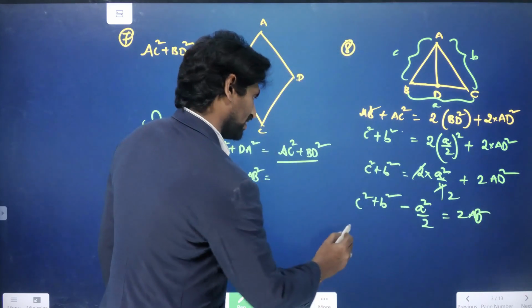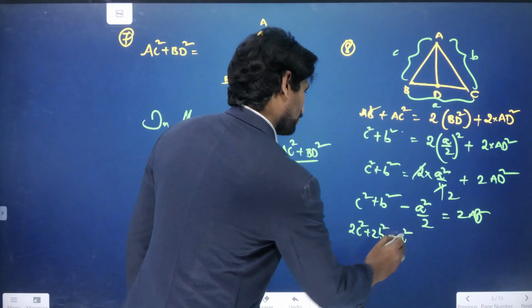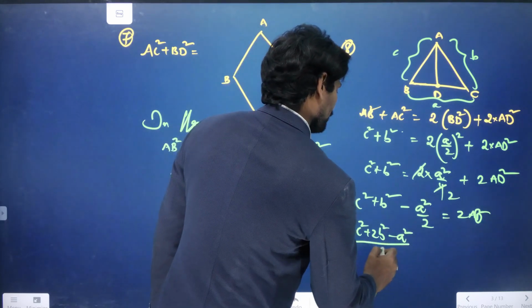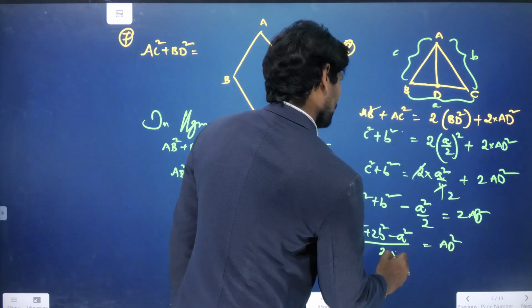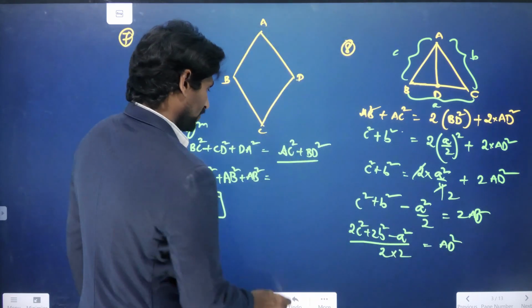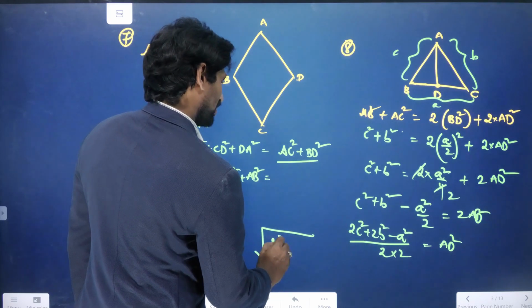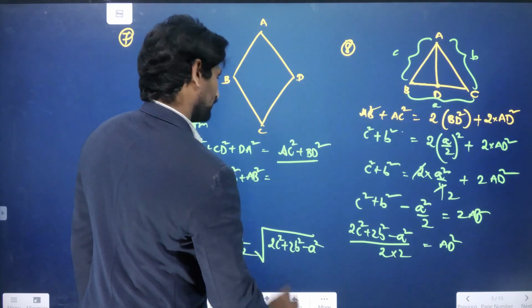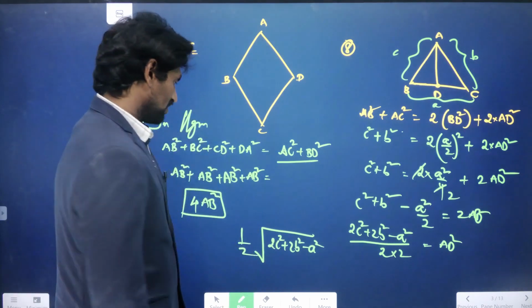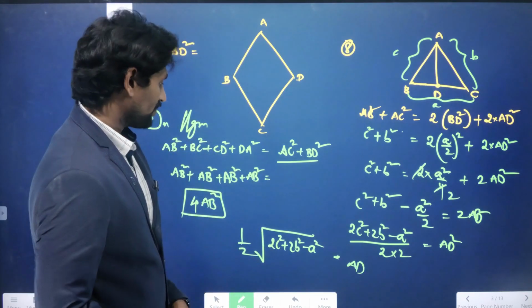Try to do the LCM here: 2c square plus 2b square minus a square by 2, and this 2 when you transpose it is divided. So square becomes square root when you transpose, that means AD equals half into square root of 2c square plus 2b square minus a square.